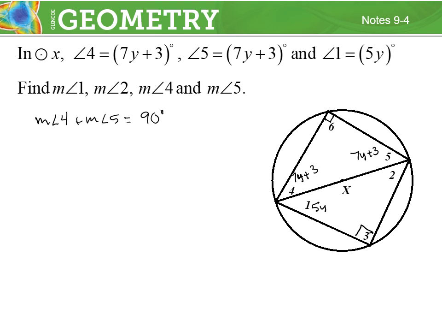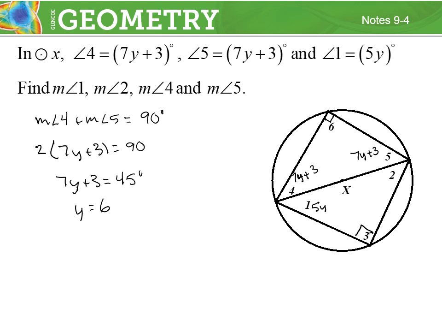Well, if those have exactly the same thing in there, then you can write it this way, 2 of the 7y plus 3's equals 90 degrees. So 7y plus 3 has to equal 45 degrees. And you may have figured that out before without setting up that equation. If you did, that's awesome. So then when I solve that, I end up with y equal to 6.